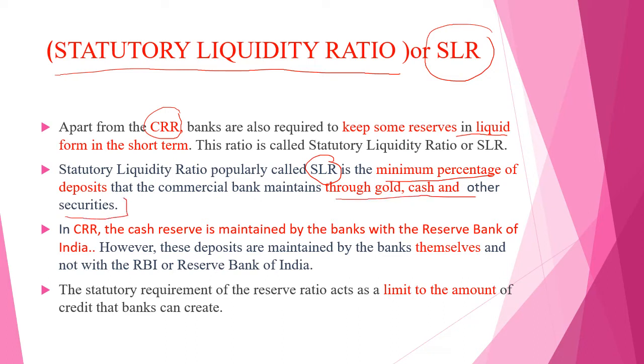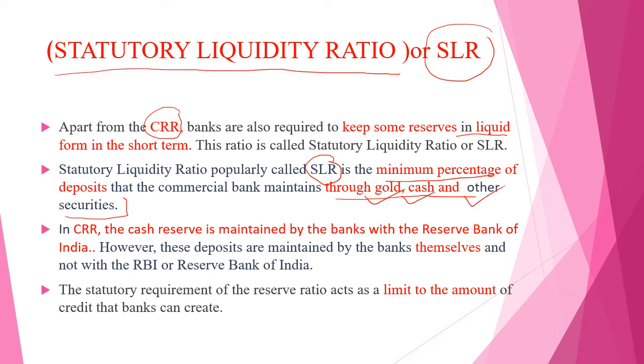That is called the statutory liquidity ratio. In the case of CRR, every commercial bank has to keep a certain percentage of deposits as cash. But in the case of statutory liquidity ratio, it is the minimum percent of deposits that the commercial bank maintains through gold or cash or other government securities.